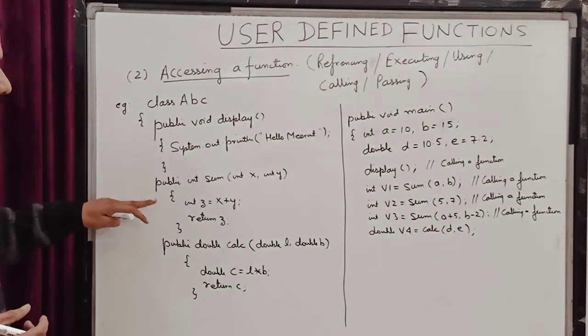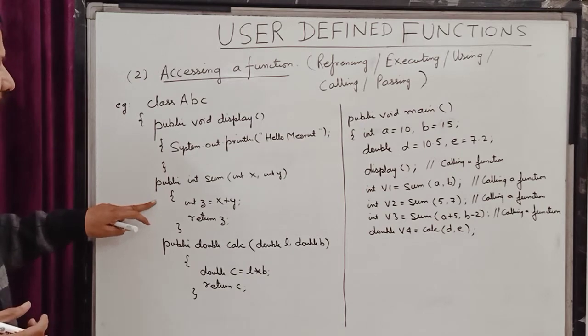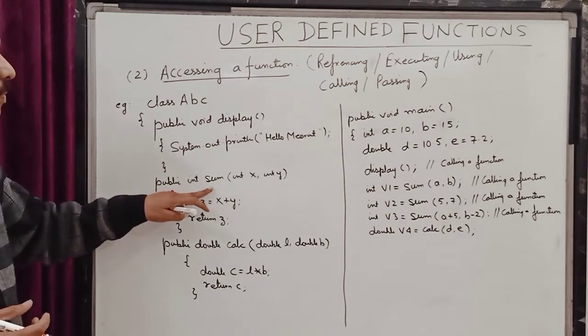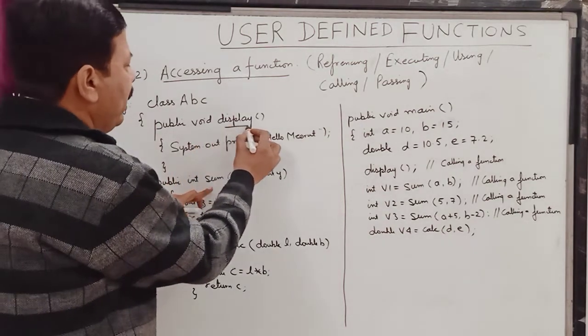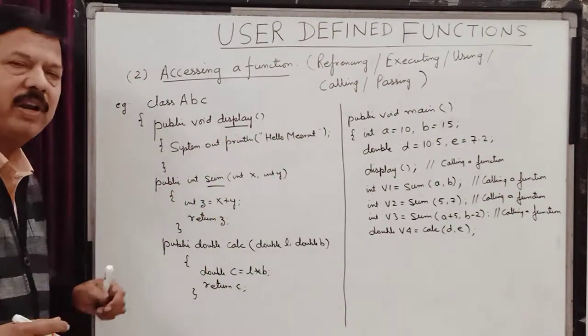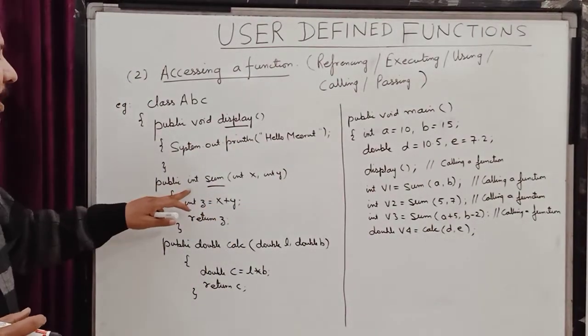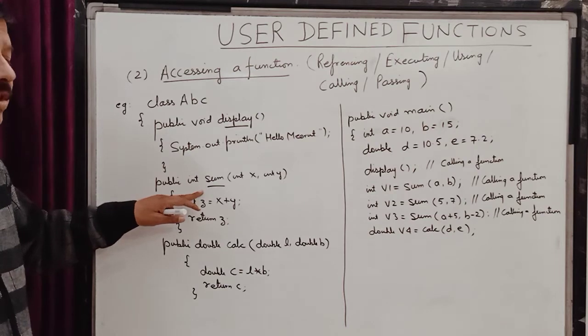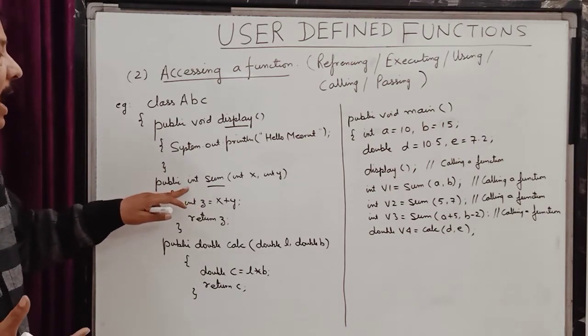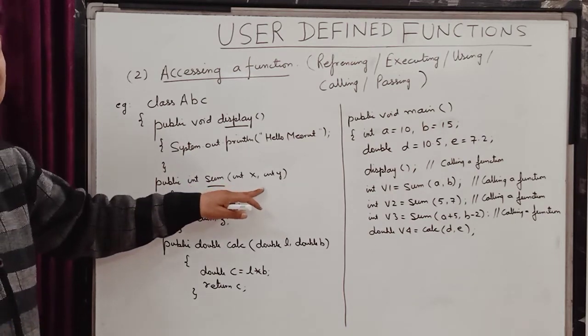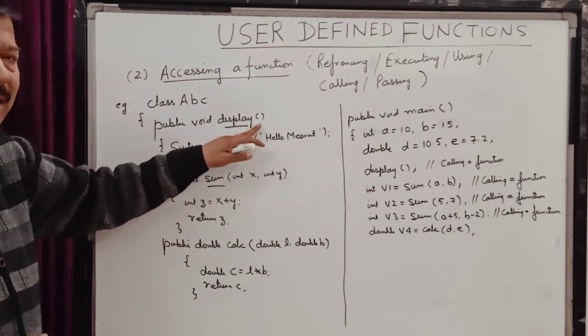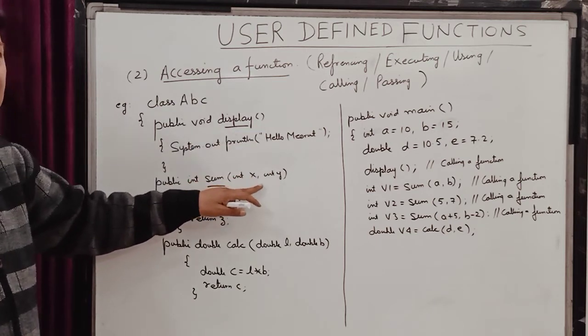I have created another function, the second function, that is public int sum. The function name here is display and the function name here is sum. This is a returnable function since its return type is int, and it has two parameters. When you define a function, it can be without a parameter list or with a parameter list.